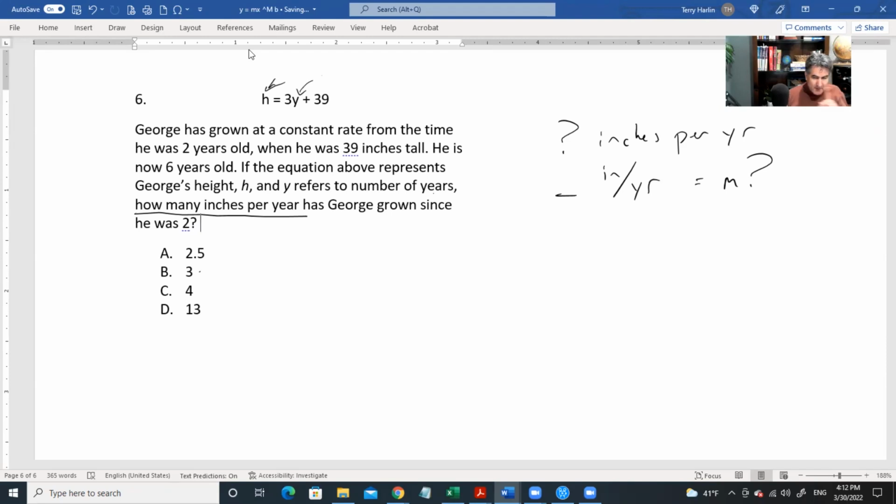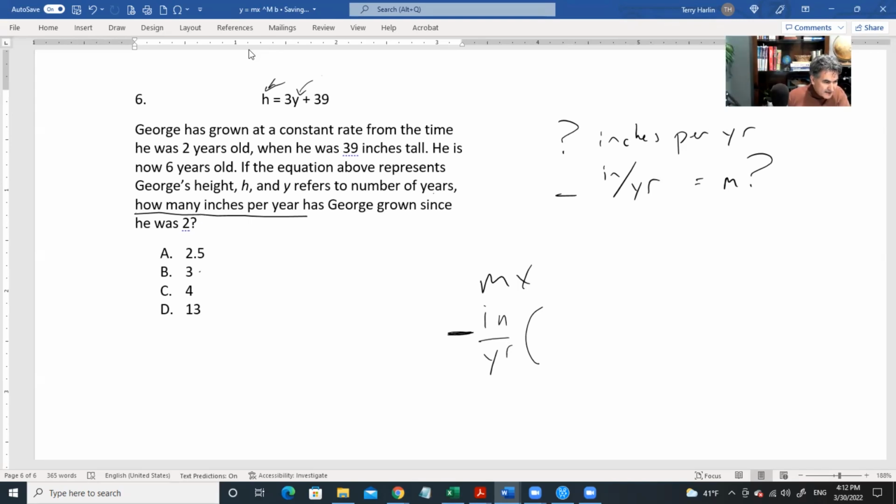So remember that when I'm looking at mx and m is a rate, then I'm going to have this times some number over something.